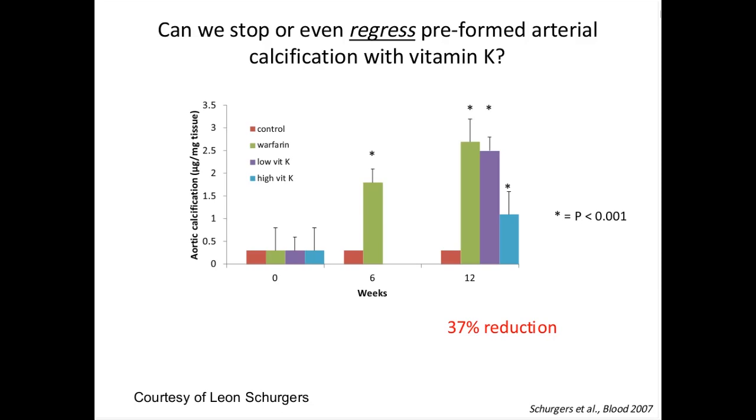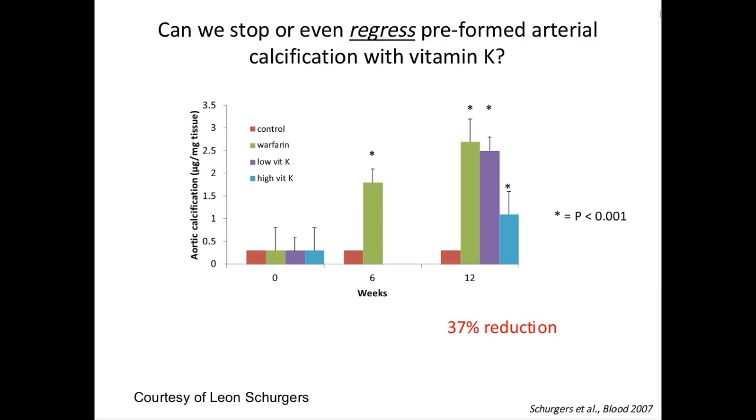But when you give these animals warfarin over 12 weeks, it continues to increase the amount of arterial calcification. But when you give them the warfarin with the low vitamin K, as indicated by the purple bars, there is no difference in the amount of aortic calcification.